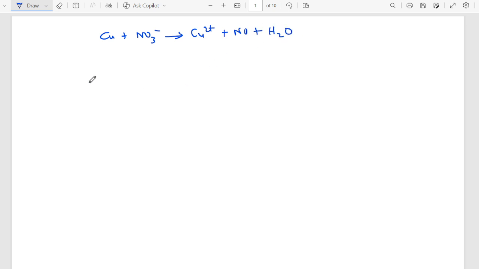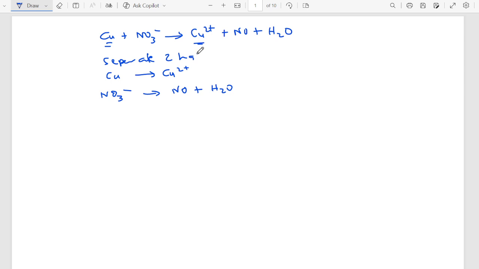Now if we want to separate this into two half cells, let's look at copper ion here, it comes from this. So the first half cell is going to be Cu2+. Then the second half cell is going to be NO3 minus, which is coming from NO. It produces NO and water. Okay. Now this is the first step actually, which is to separate the two half cells.